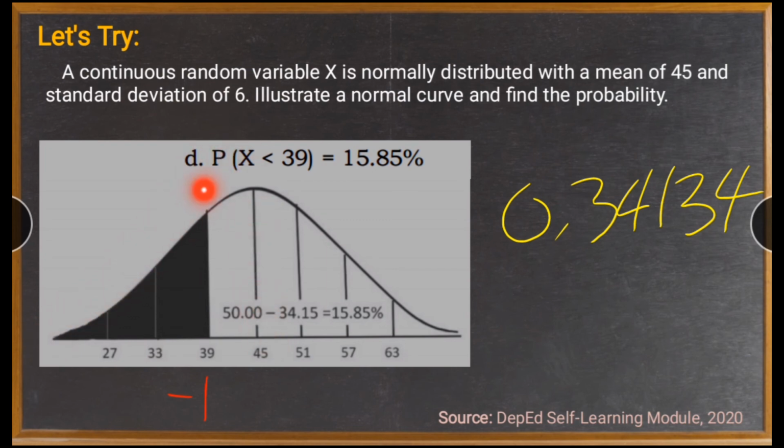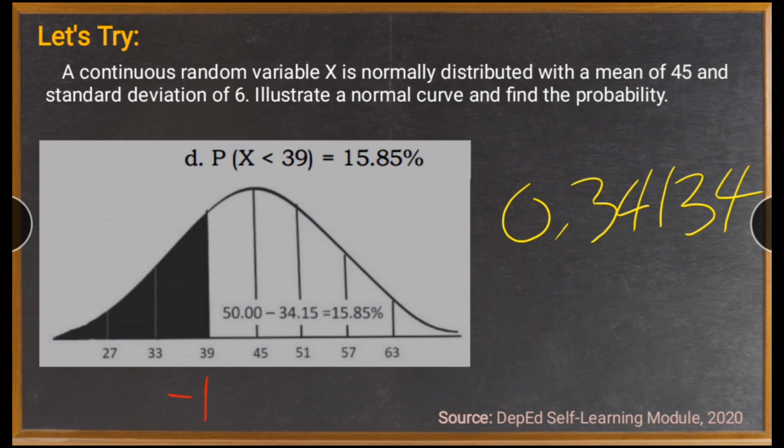So if we consider 50% or 50.00, and then we subtract this one, what will happen? This will be the remaining area. We are going to subtract this one from 50% or 0.5000, depending on the given decimal places.